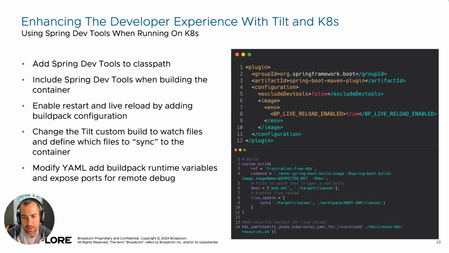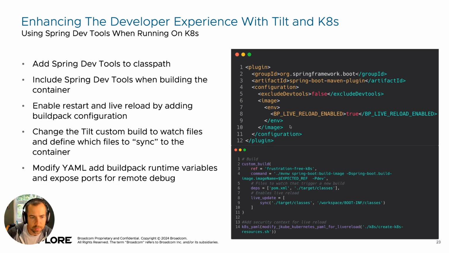The way we do that is by taking advantage of the buildpacks live reload feature, enabling that in our Spring Boot Maven plugin. Then, using this custom build, we have a live update feature in Tilt, which is going to sync our class files over to the actual container. Once those class files get there, the live reload feature kicks in and restarts the application just like it would if you're doing it locally. So that's super cool, and we'll see that in an example as well.